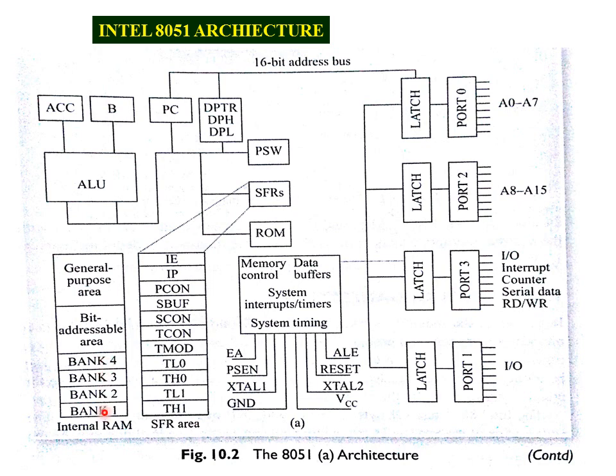We will see this memory structure in the coming slide. And this bit addressable area is used specially for bit manipulation purposes, bitwise operations, and the general purpose area is given for the user programs to run.